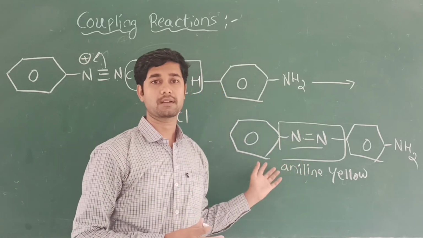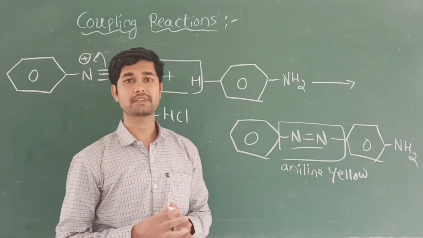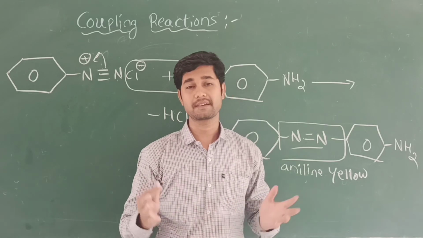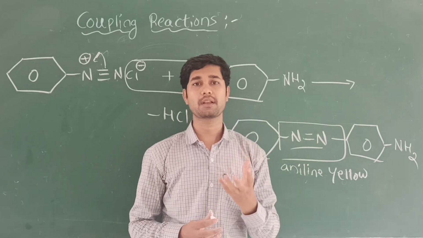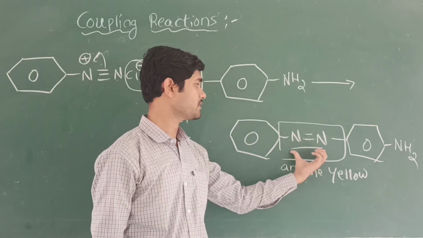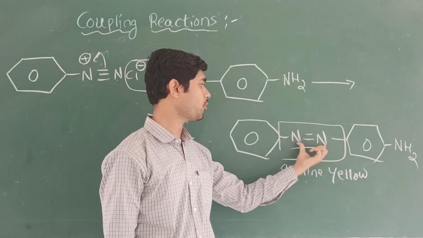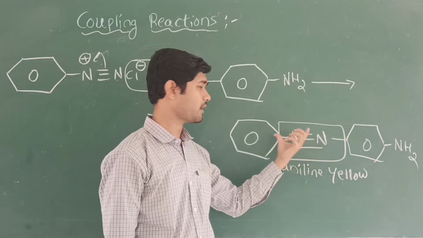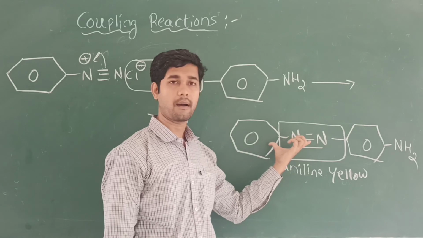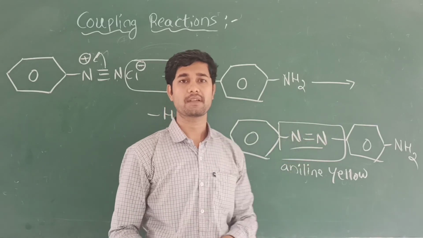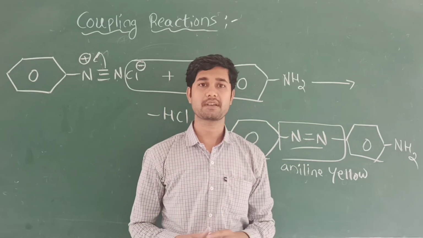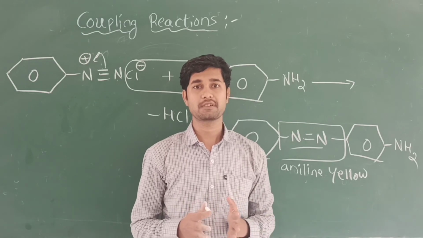That's why these are used in the cloth and dye industries. Dye means something that gives color, because of these coupling agents and the N double bond N joined with the two benzene rings. So these are called coupling reactions, and coupling reactions have tremendous applications in our industries.